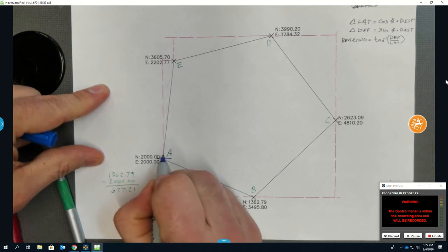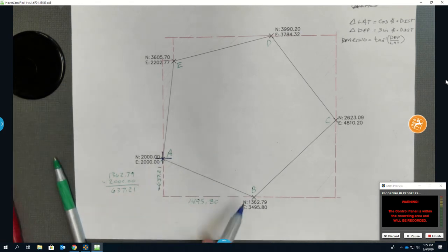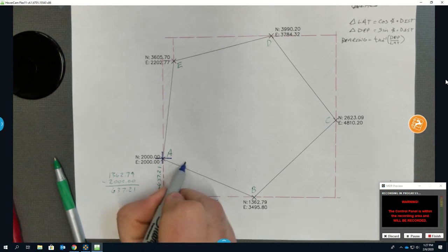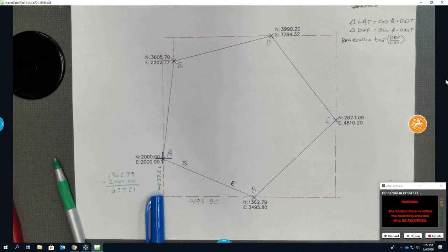If I draw a cross, I'm heading southeast. So I know that is the negative, positive direction. Looking at my numbers, I'm going negative in the north or south direction, and the east direction is a positive, so we want to keep that a positive.